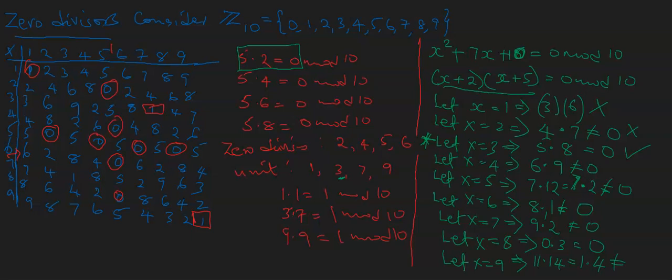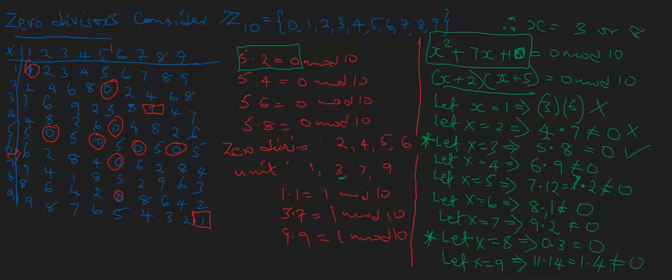And you can see it's not equal to 0 mod 10. So in this particular polynomial, x can only be 3 or 8. X is 3 or 8.